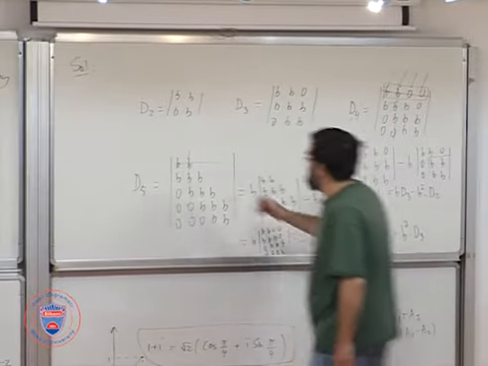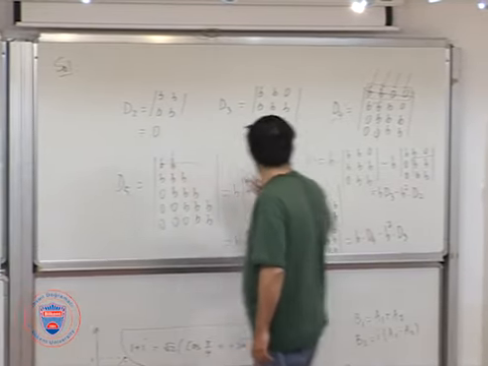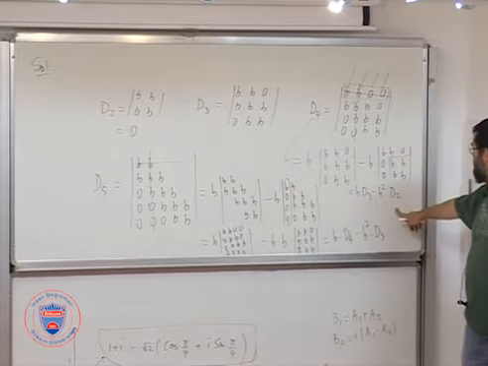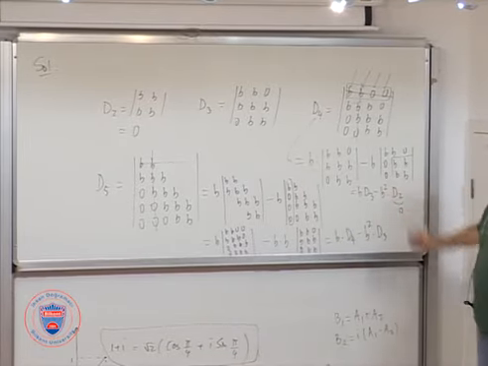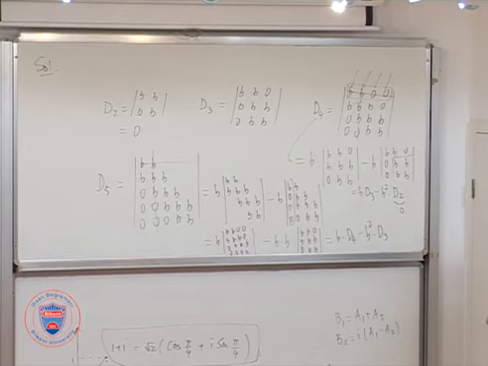The story here is that because D2 is 0, some of these things are going to be 0. But really it still holds the recursion that we want to hold.